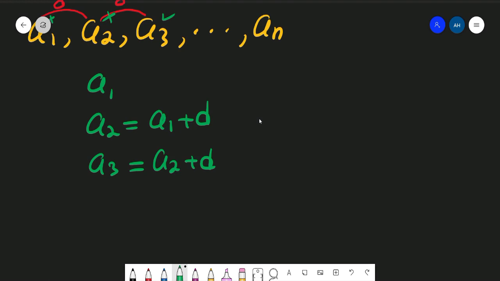We are going to replace this a2, so a3 is equal to a1 plus d and plus d. We can combine this because they are like terms, so a1 plus 2d, right?